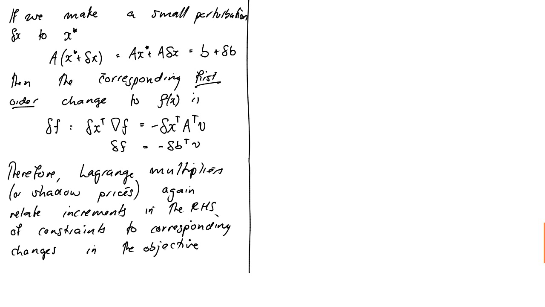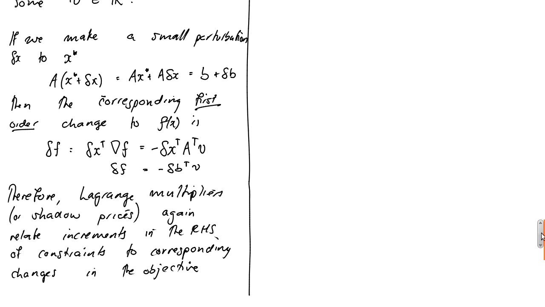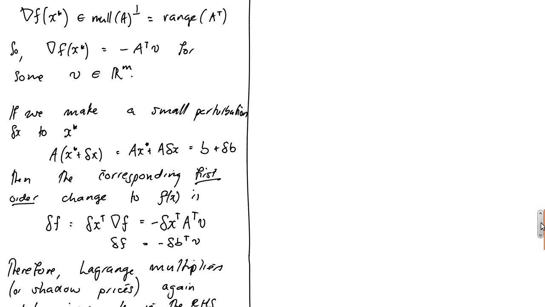Okay, so that's quite nice. We've got the same interpretation that we can take of what our Lagrange multipliers mean for these quadratic programs, in fact any of these optimization problems we look at, as with what we looked at in linear programming.